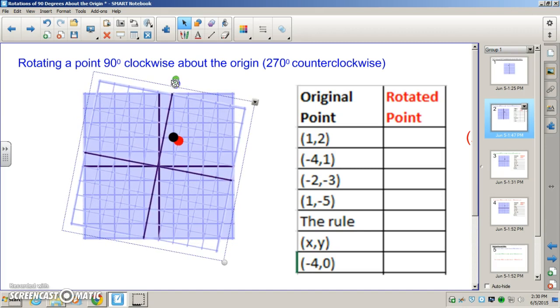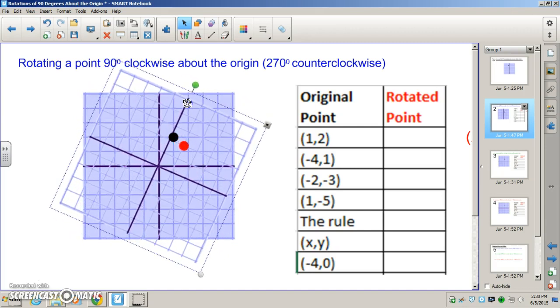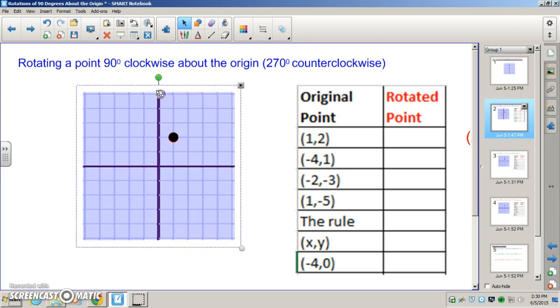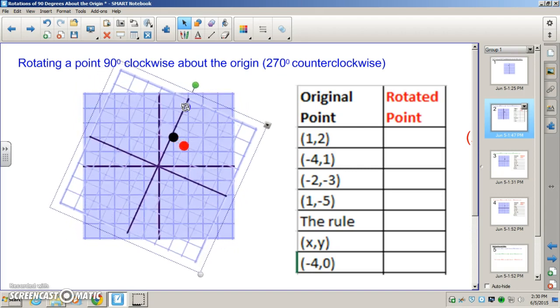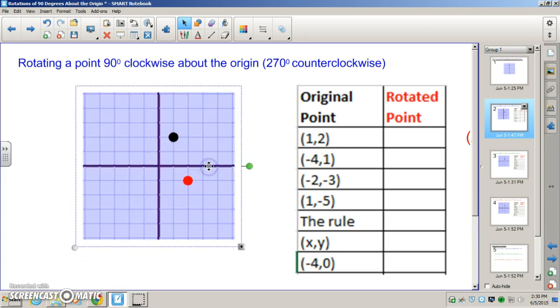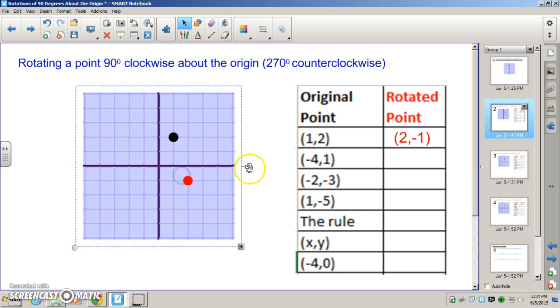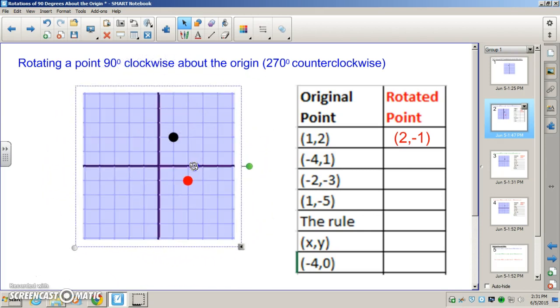What I'm rotating is a transparent grid with a new red dot on it. That red dot started where the black one was, and now it is the moving point. As I rotate 90 degrees, it gets stuck at 2, -1. So it started at 1, 2, the original point, and rotated down to 2, -1.